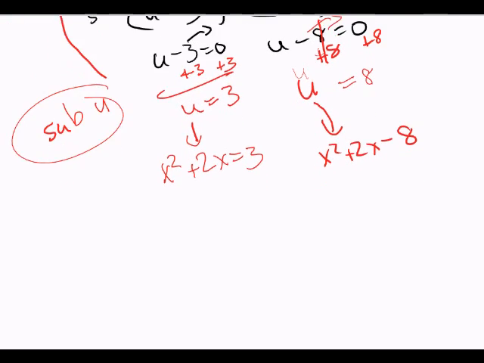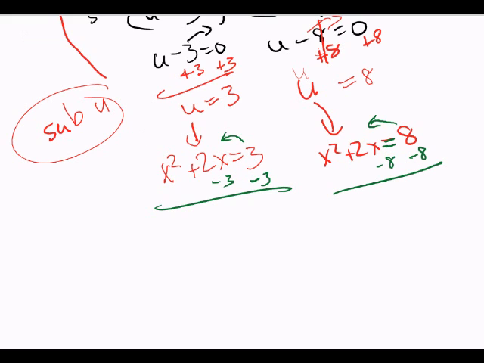All right, so this problem's just a little bit more. Normally, we're pretty much done, but this one, watch what happens here. We end up with x squares. We have to find out what x equals. I'm going to bring my 3 back over to this side, minus 3, and I'm going to bring my 8 over.